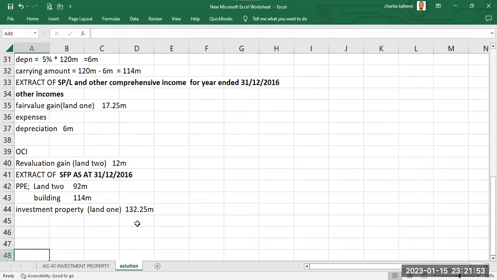Then there is one item that is missing, which is the equity section. We go to financed by, and under equity we have revaluation surplus of 12 million.